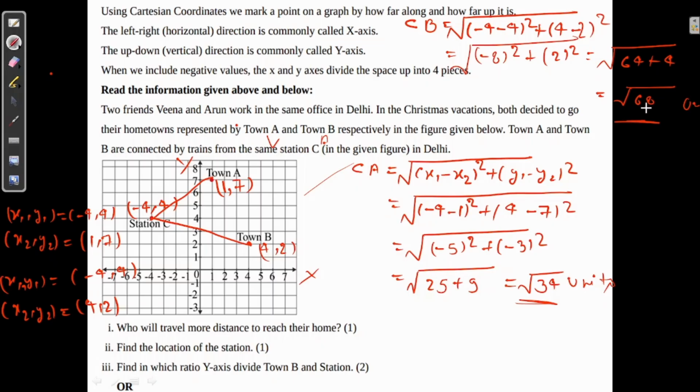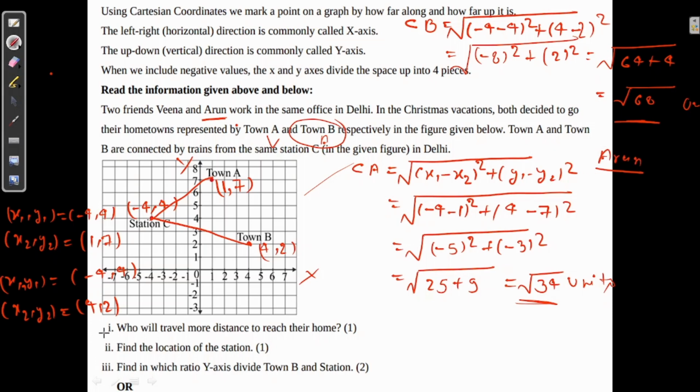Inside the square root, 68 is the bigger number, so you can easily say it is more distance to travel from C to B than from C to A. So the person who is going to town B from station C will travel more than the person going to town A. It is very clear that the person living in town B, Arun, will travel more.